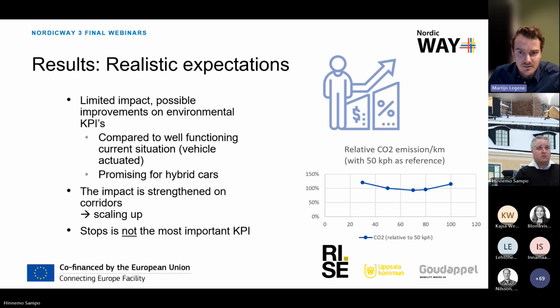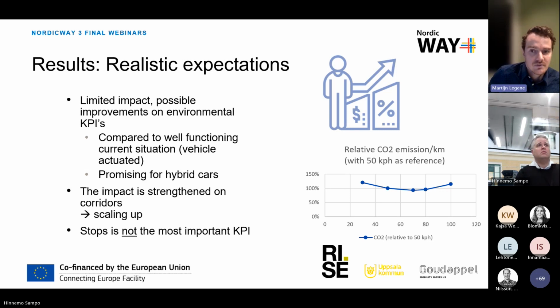And this is compared to a situation with no information. But even though the stops could change, we see very limited impact on the travel time or on the environment. This is because the information of CITS is meant to slow down cars while driving. Speeding them up would actually encourage speeding.